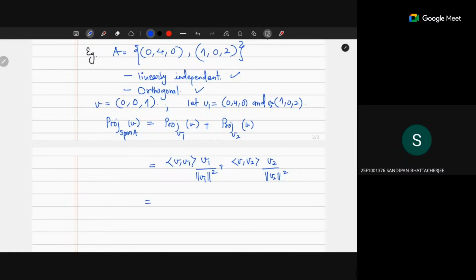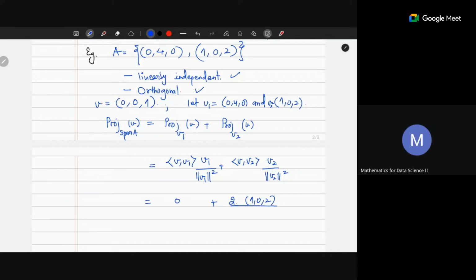Now what is the inner product of V with V1? Yes, it is 0. Similarly, what is V with V2? It is 2. And V2 is 1, 0, 2. What is the norm of V2?